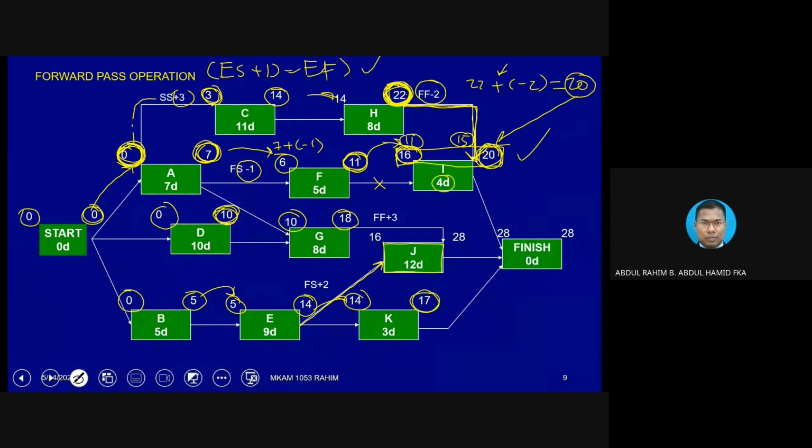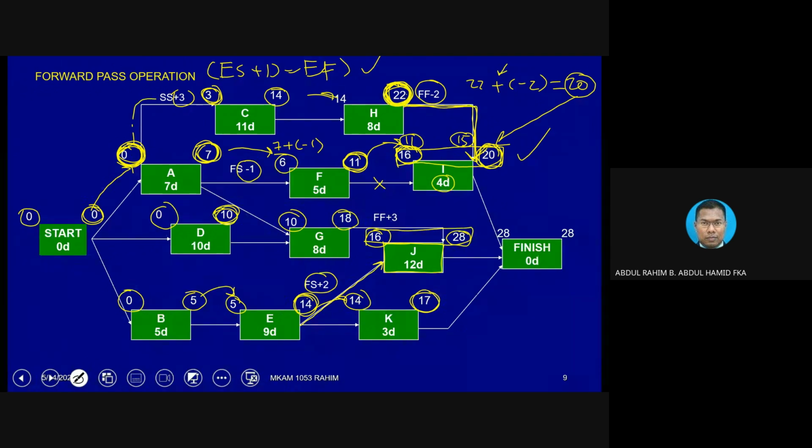We take 14, then we need to add 2 here. 14 plus 2 is equivalent to 16. If 16 is here, then we add the duration, 16 plus 12 is equivalent to 28. That will be one alternative value.